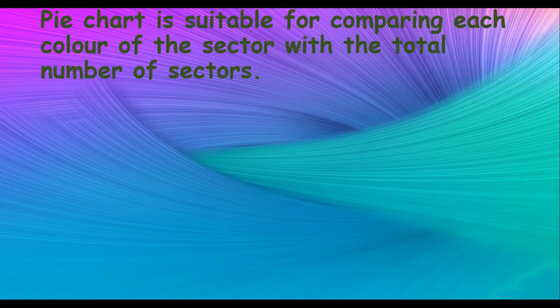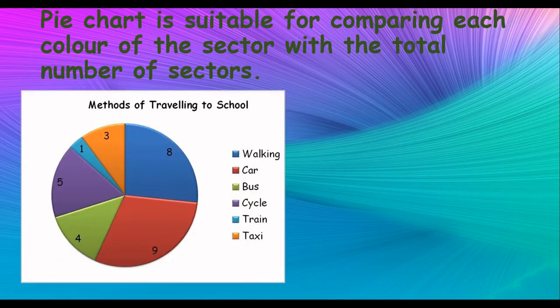Okay, more examples here. A pie chart is suitable for comparing each colored sector with the total. You can see the portions, just like the online assessment the video teachers showed before. I can see very clearly when I use the pie chart, isn't it? I check your answers by using the pie chart.